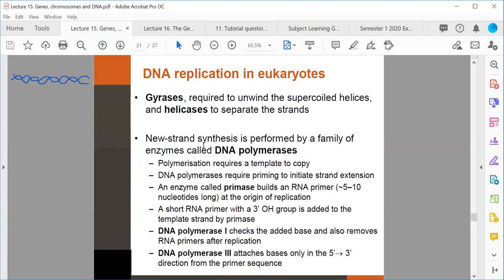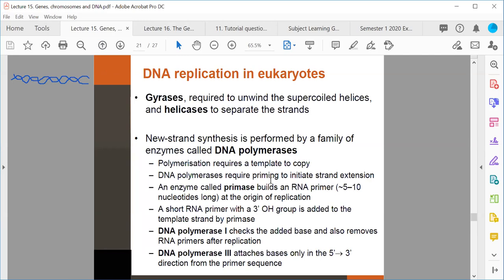All right, so new strand synthesis is performed by an enzyme called DNA polymerase. Polymerization requires a template to copy. That template is provided by one of the original strands of DNA.